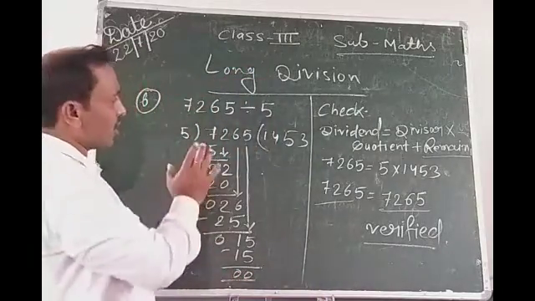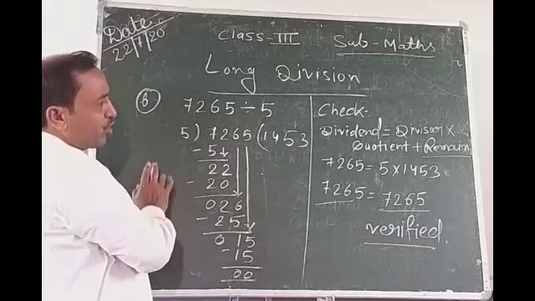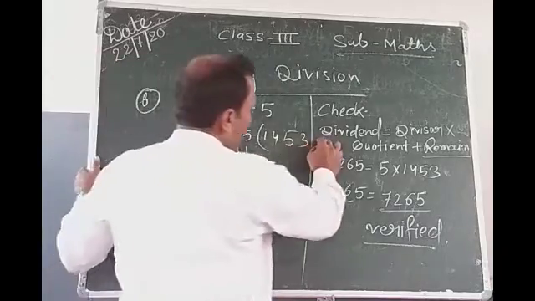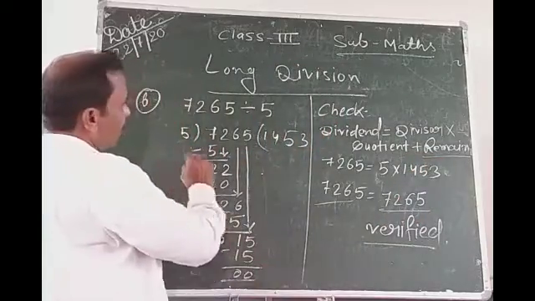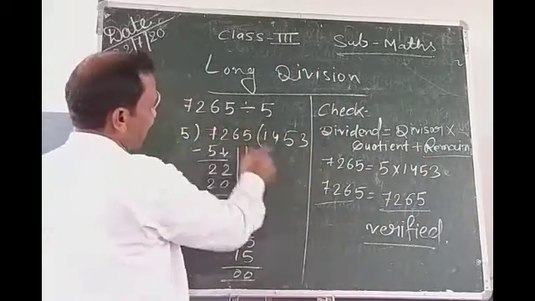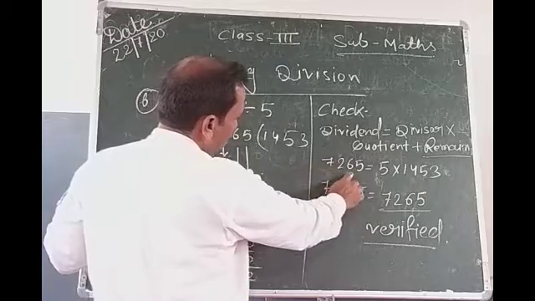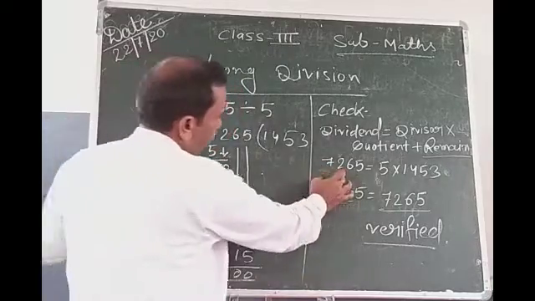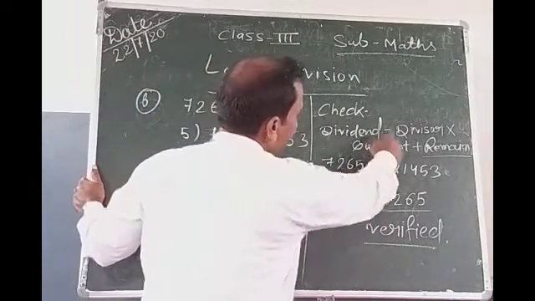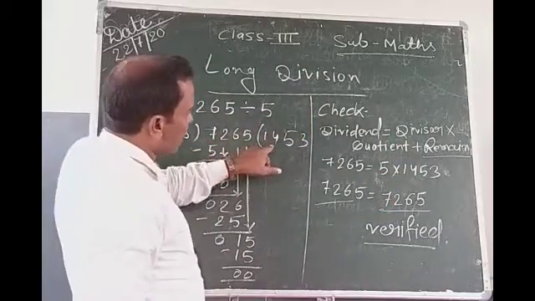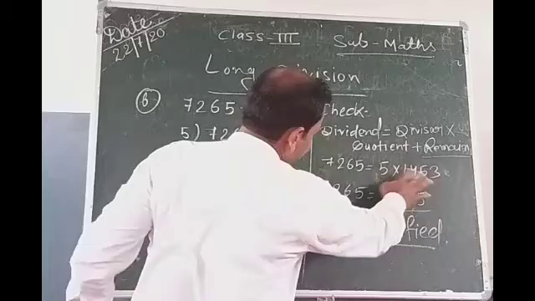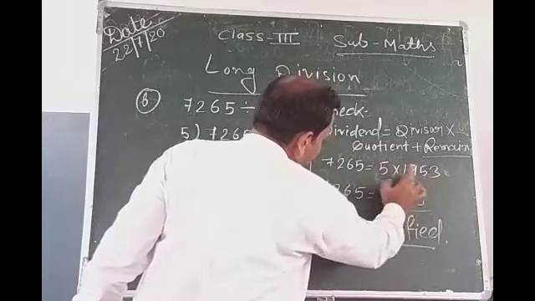If you want to know whether your answer is correct or not, first write dividend equals divisor into quotient plus remainder. So the dividend is 7265. On the opposite side of the equal sign, in the divisor place you write 5 and in the quotient place you write 1453, and multiply these numbers.